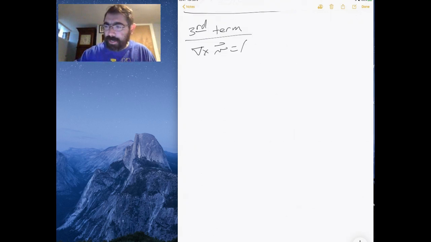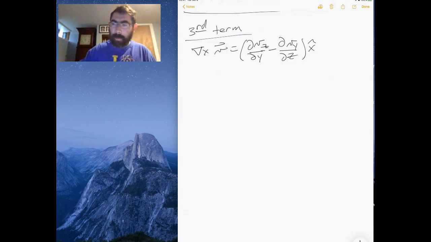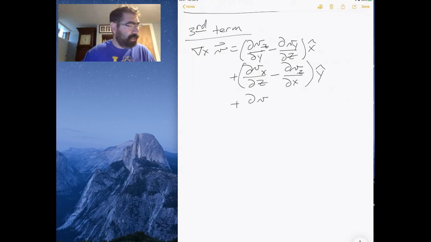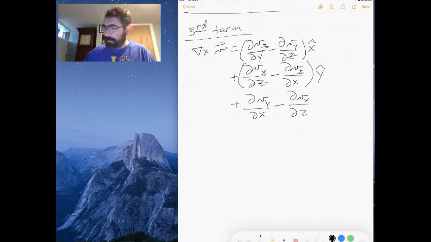The curl of v is dvz/dy minus dvy/dz in the x direction, plus dvx/dz minus dvz/dx in the y direction, plus dvy/dx minus dvx/dy in the z direction, like so.